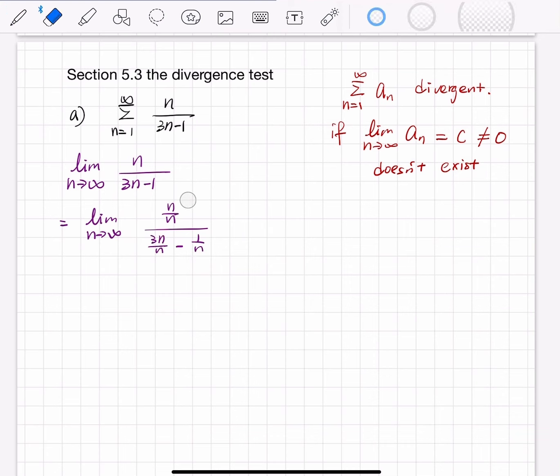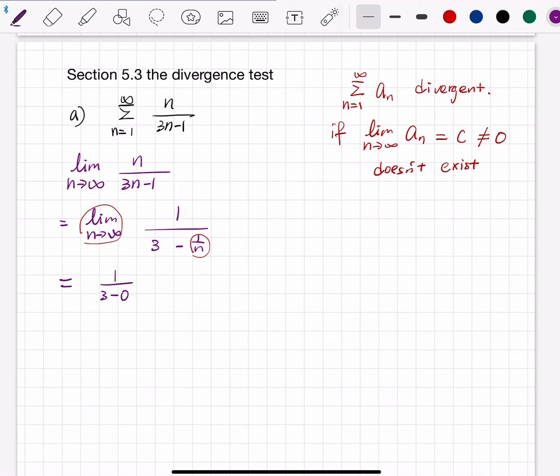To save some space, n over n is going to be 1. 3n over n is going to be 3. And I know that the limit of 1 over n is going to be 0. So this whole thing will become 1 over 3 minus 0, which is 1 over 3, which is not equal to 0.